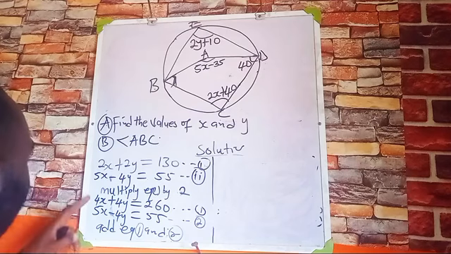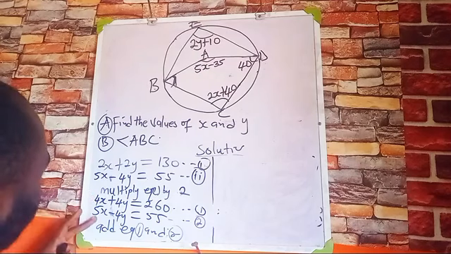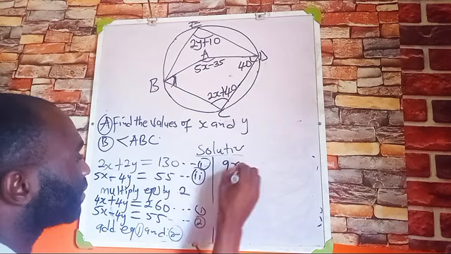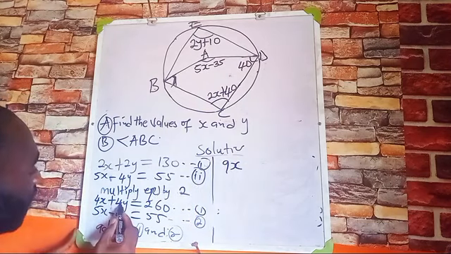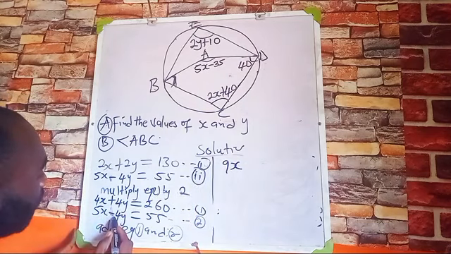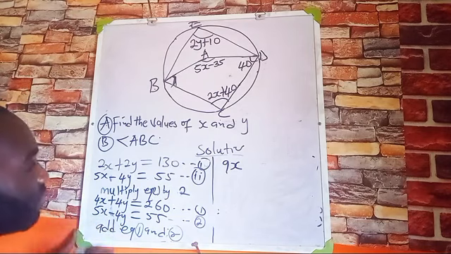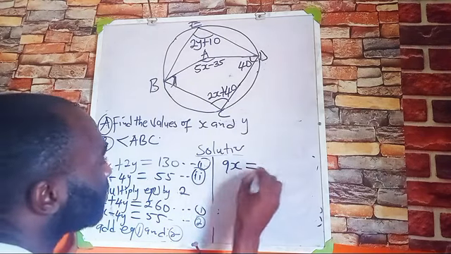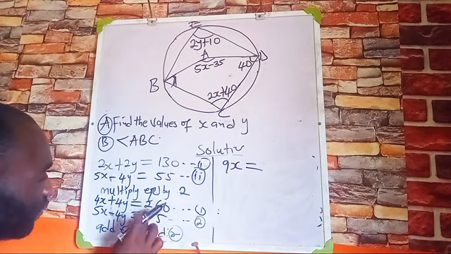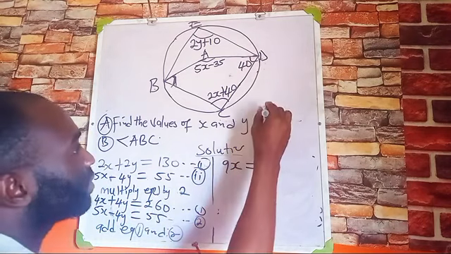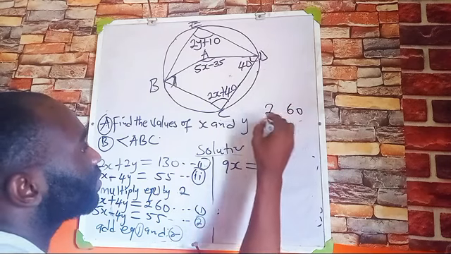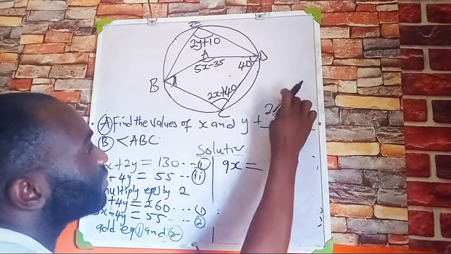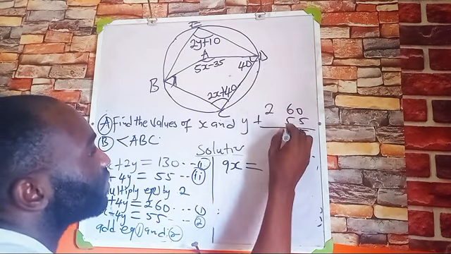When doing that, 4x plus 5x will give us 9x. 4y plus minus y will give us 0, so we have eliminated that, and this is equal to 260 plus 55. 5 plus 0 is 5, and 6 plus 5 is 11.